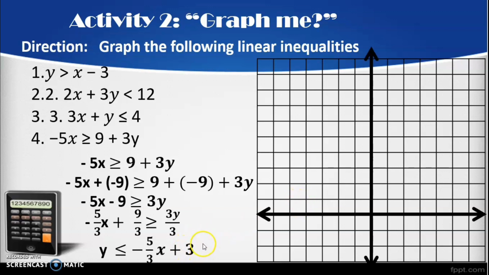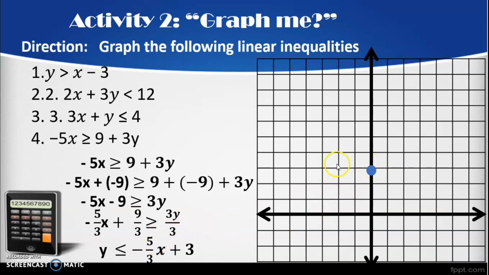First is the y-intercept. From the origin, we will count 3 units going up dahil positive ang y-intercept natin. 1, 2, 3. So this is our first point, our y-intercept. So from here, ipa-plot na naman natin yung ating slope dito sa ating coordinate plane.